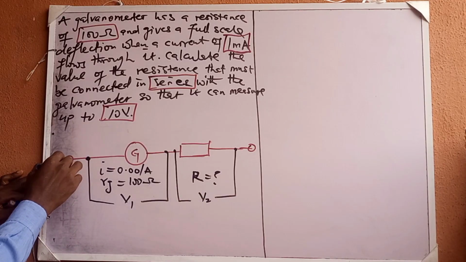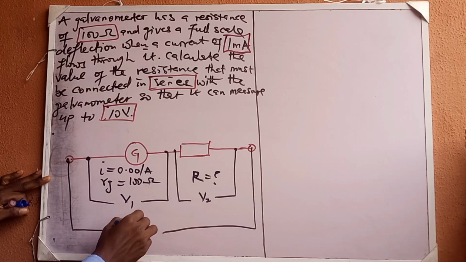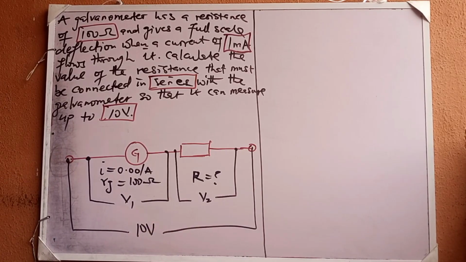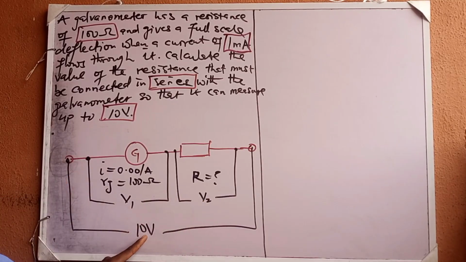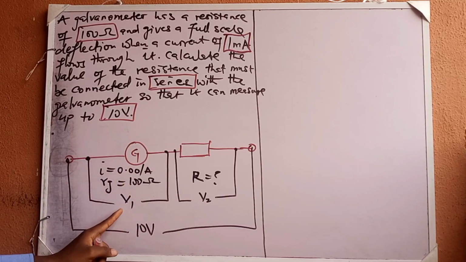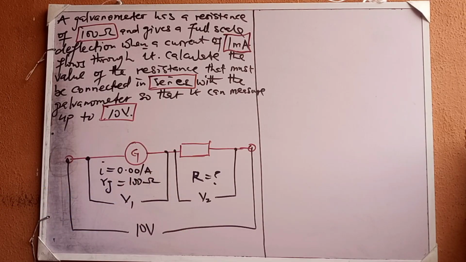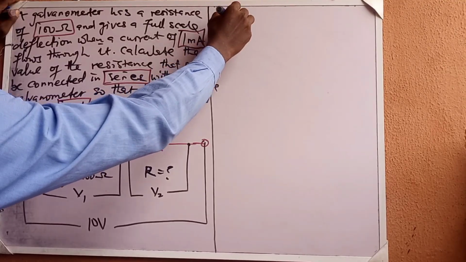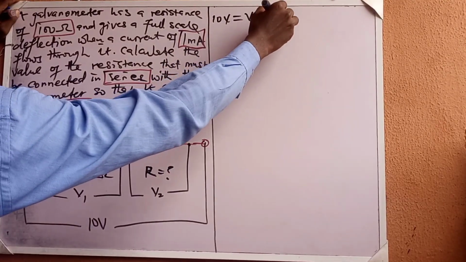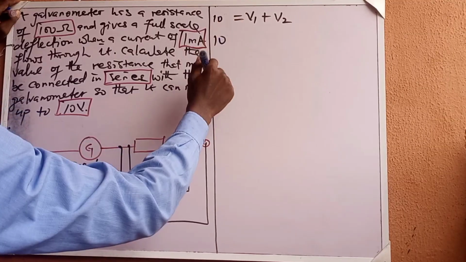Then we want to measure all together 10 volts with them. So this 10 volts should be V1 plus V2, where their individual voltages are V1 and V2.